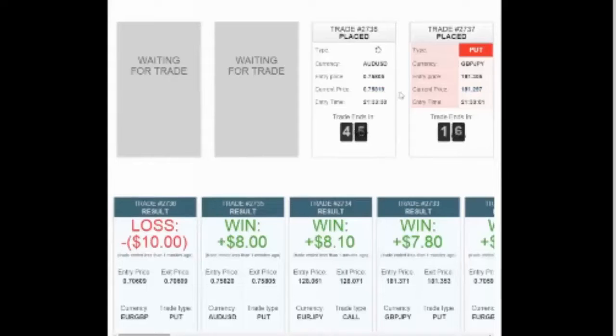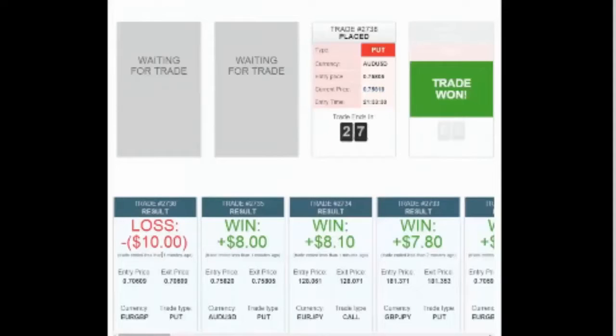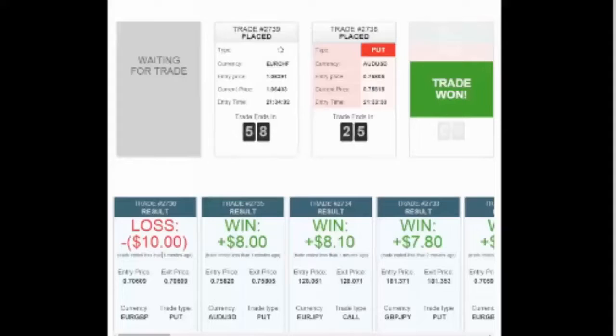And I'm going to get to that in a moment. Below, you'll find trades that have ended. Every trade that's taking place in the ongoing trades, once it ends, moves down to the expired trades section, so you can view past trade results.